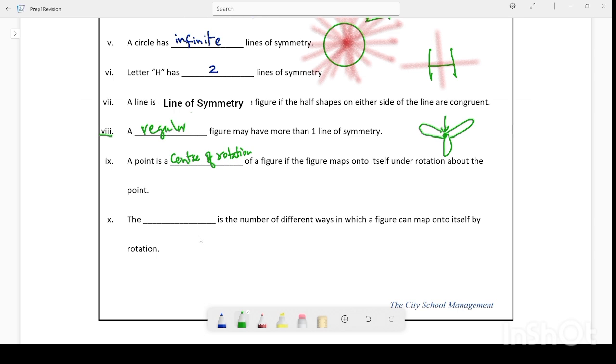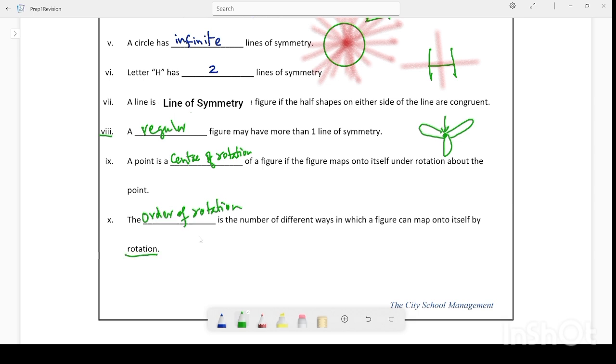So the order of rotation is the number of different ways. This discusses the rotation.